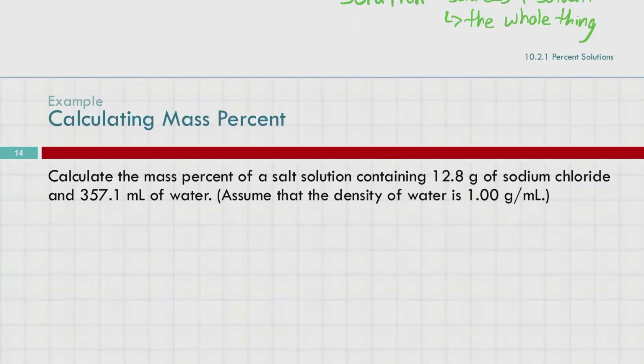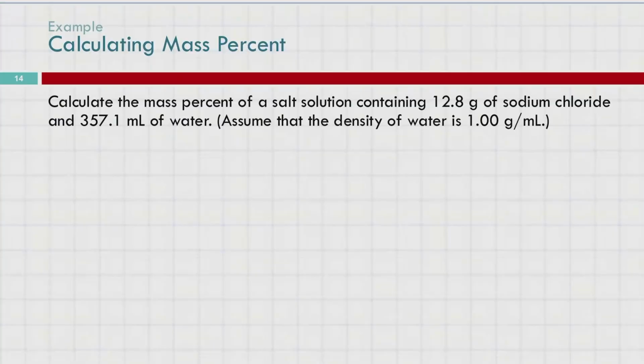We can calculate mass percent. Let's do that for a salt solution. Our salt solution contains 12.8 grams of sodium chloride and 357.1 milliliters of water. You can generally assume that the density of water is 1 gram per milliliter, meaning that we can just swap those milliliters for grams.